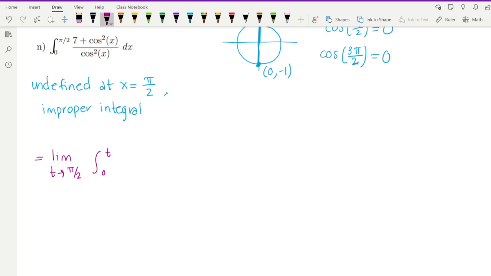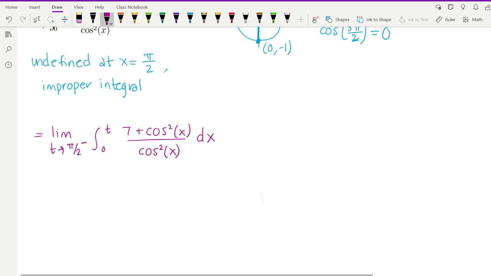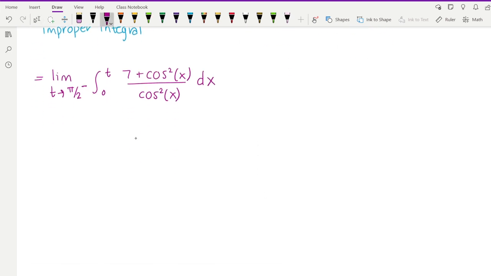And actually we should add in here, it's specifically the limit as t approaches pi over 2 from the left, because we're looking at values that are less than pi over 2, of 7 plus cosine squared of x over cosine squared of x dx. Okay, so now we can just focus on evaluating this integral. So like we've done on the other ones, let's set aside the limit so we can really focus on the antiderivative, and then we'll put that back in when we're done.